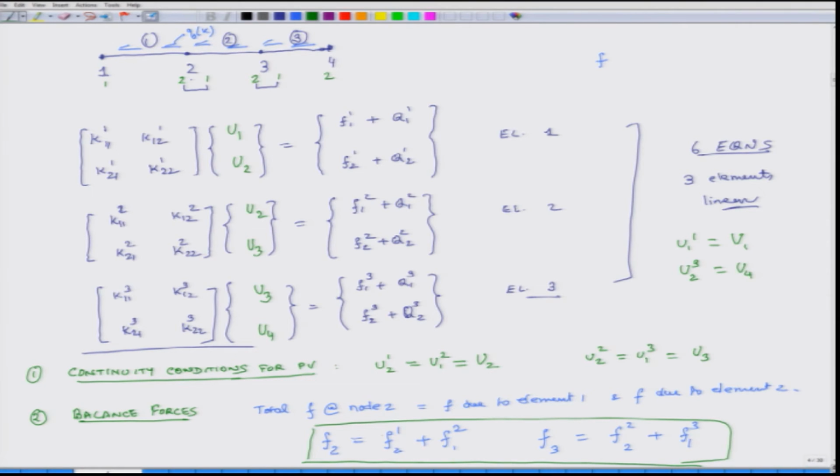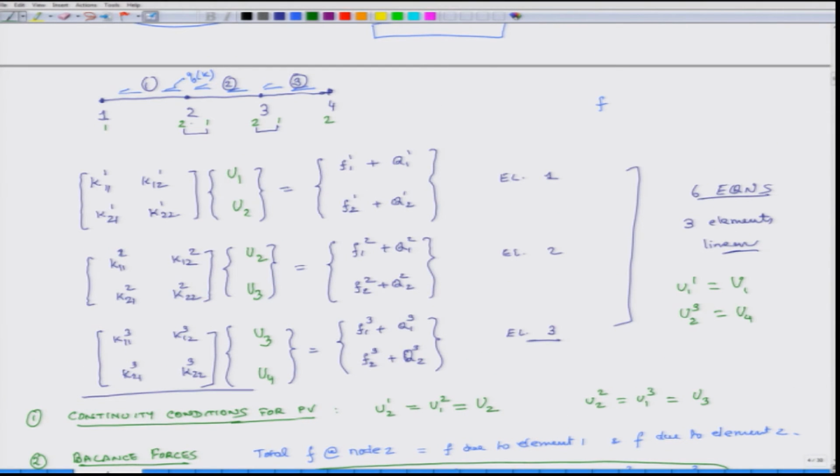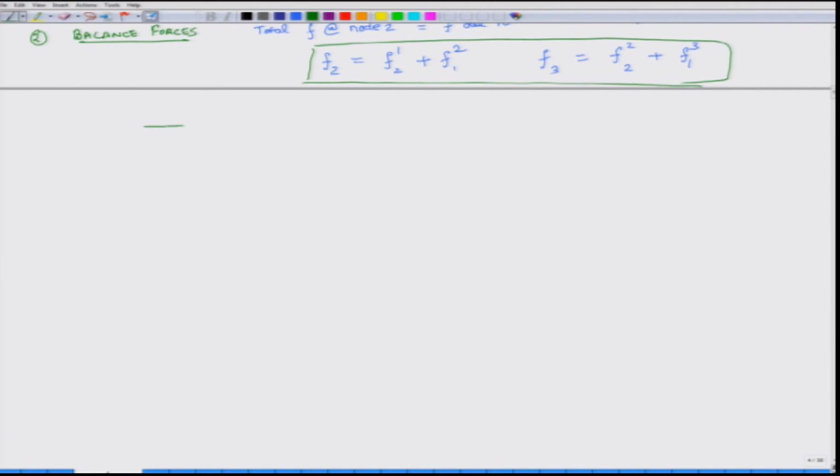The third thing which we note is that these Q's are because of A times du over dx, right. So, from the first element, suppose this is element 1, and this is the third node.